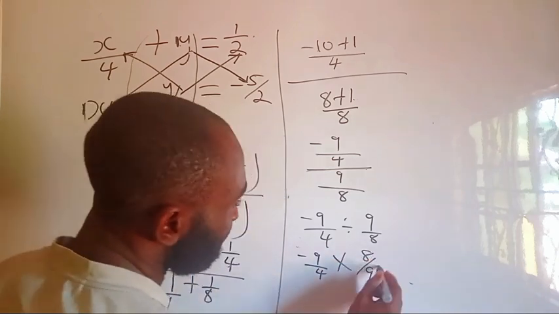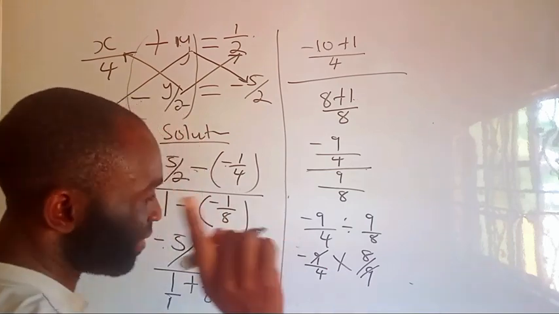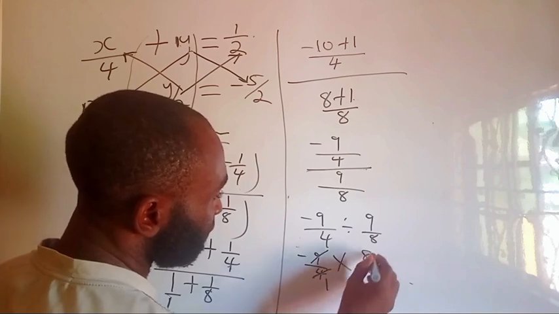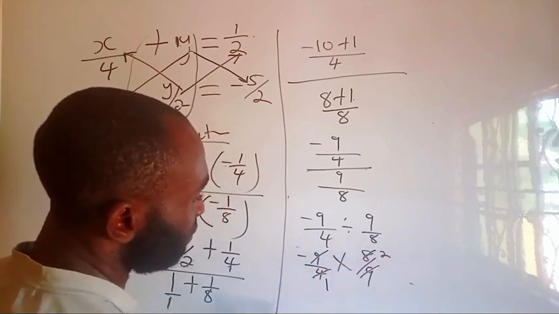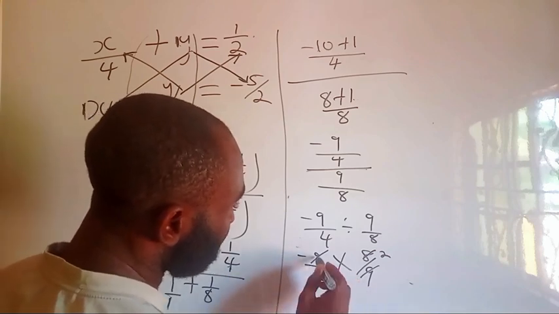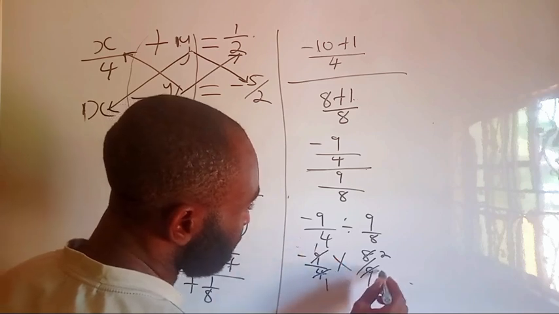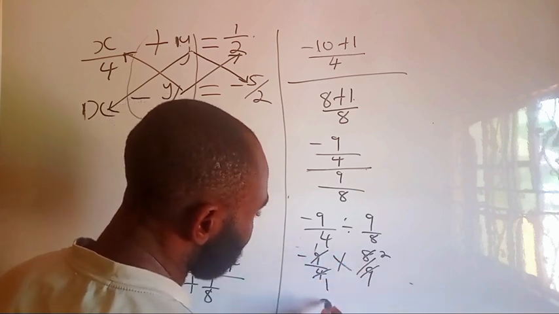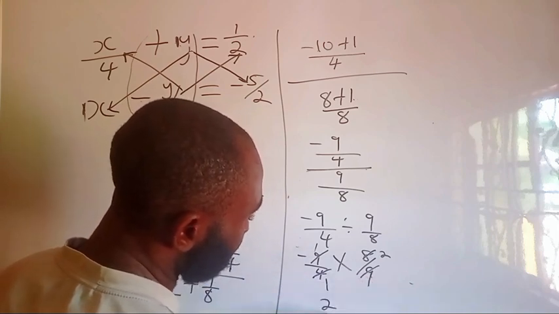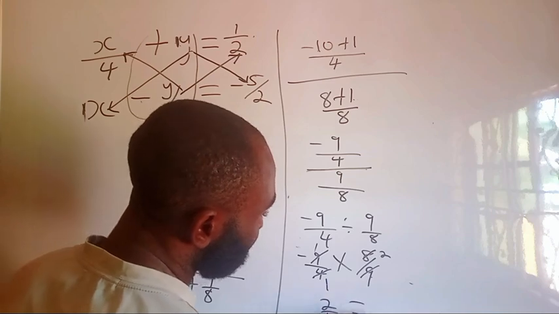We know that 9 goes into 9 a single time, and 4 here is 1, 8 here is 2. So 1 times 2 will give us 2, and 1 times 1 will give us 1.